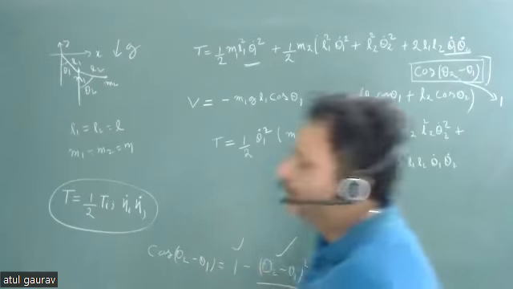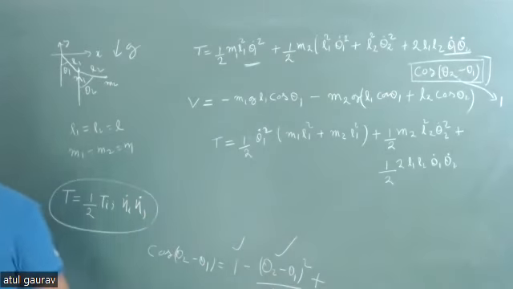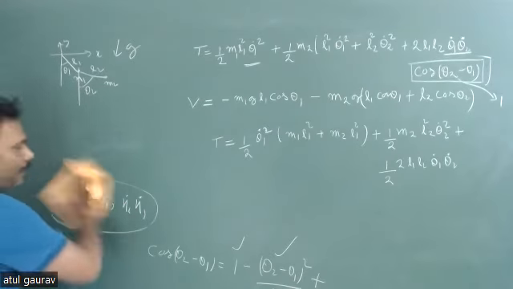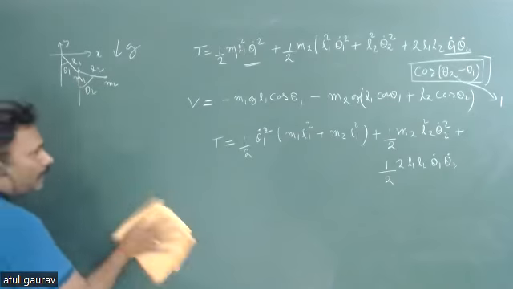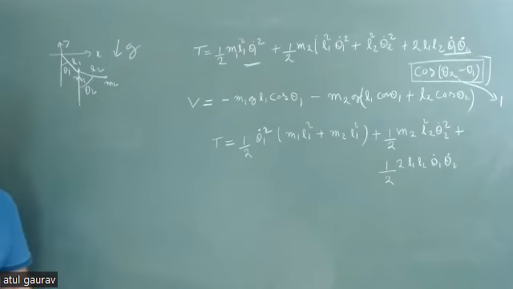So let's write the kinetic energy matrix first, because here kinetic energy is most challenging. Potential energy is quite easier in this part, but in the last problem you saw that potential energy was more challenging, but kinetic energy was easy. Now tell me, what is your kinetic energy matrix?